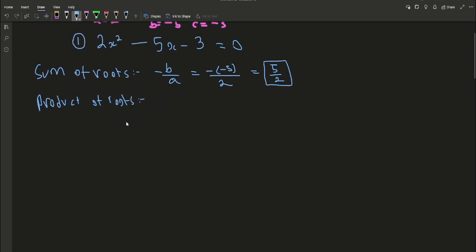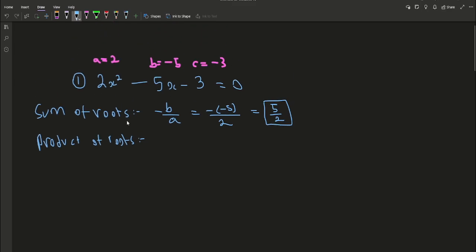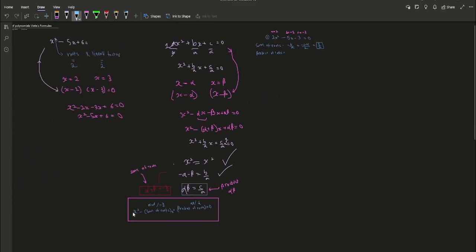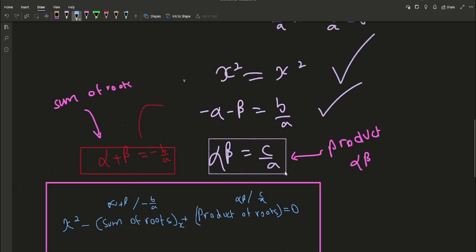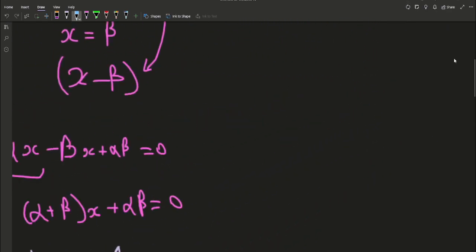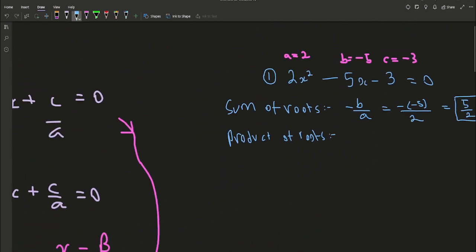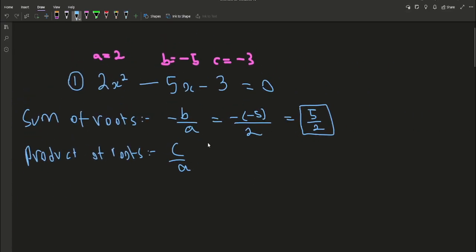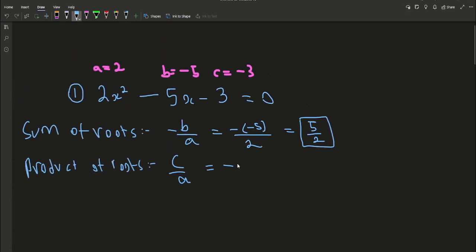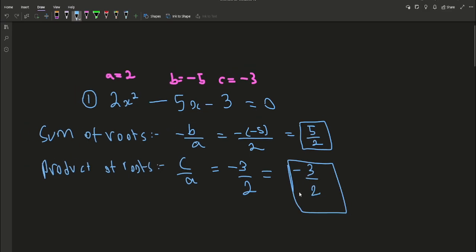Now we need to find product of roots. To find it, we also have a formula, which is c over a, right? c is minus 3 and a is 2. So this is our product of roots, minus 3 over 2.